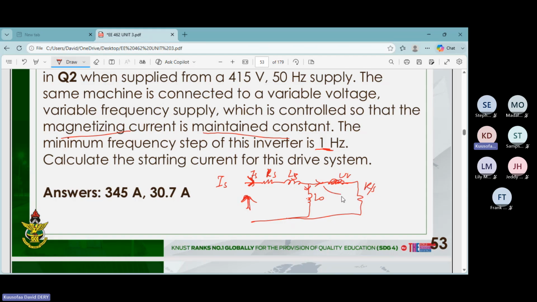Everything will be complex, so we just have to know how to punch it on our calculators, and that gives us the total impedance. IS will be VS over the total impedance, and then we can calculate the magnitude of it. So that is how we go about the first part.